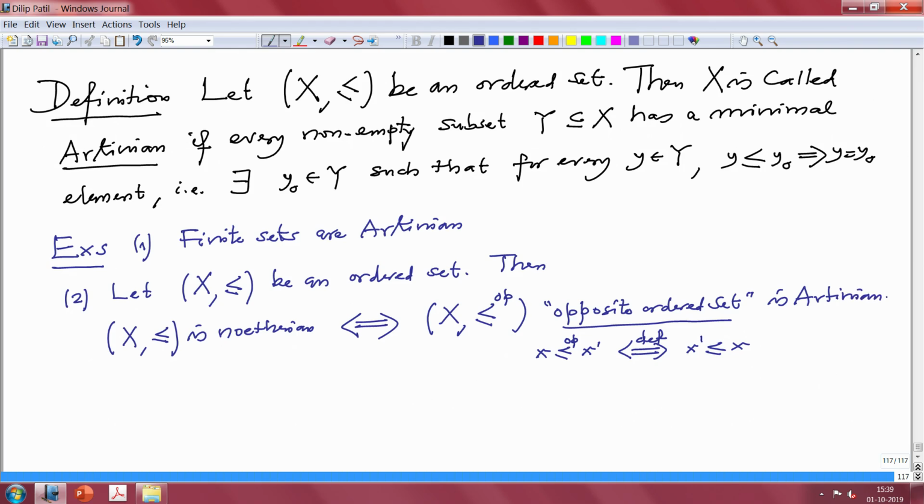This is quite obvious because maximal will become minimal and minimal will become maximal. We can also write it the other way: the corresponding thing will be the opposite ordered set is Artinian or Noetherian.